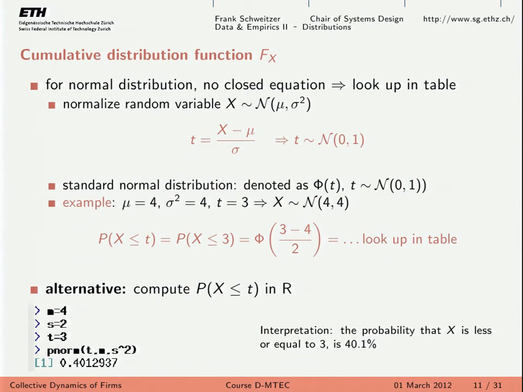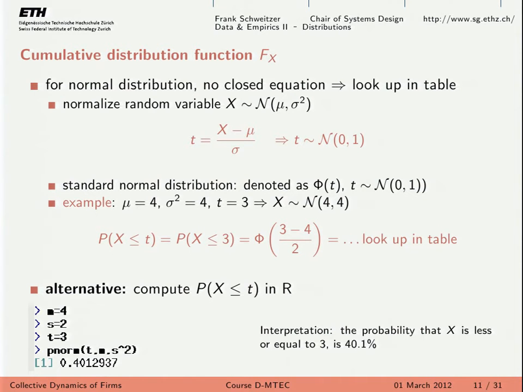We introduce a normalized variable, that's a t, by just subtracting the mean and dividing by the sigma. By this, we get a normalized normal distribution where the mean is 0 by definition and the sigma square is 1.